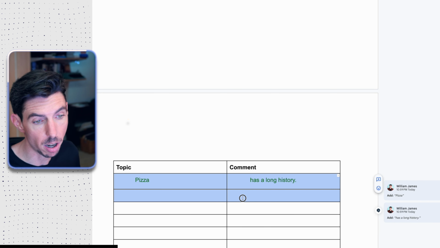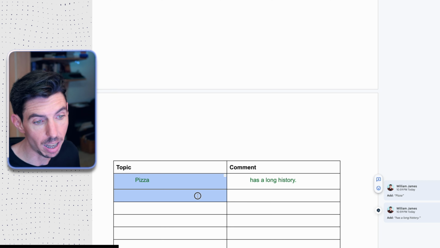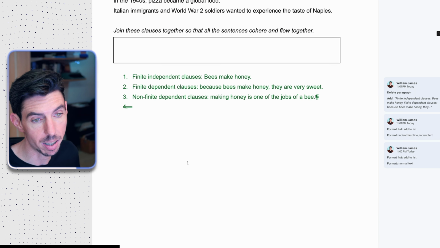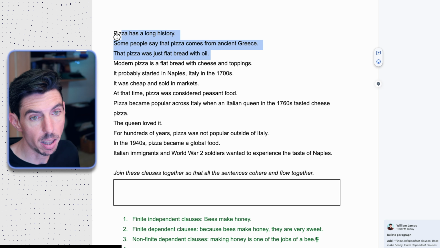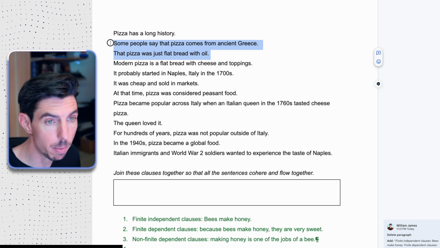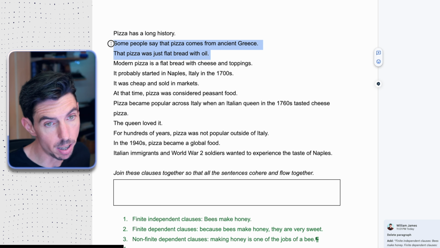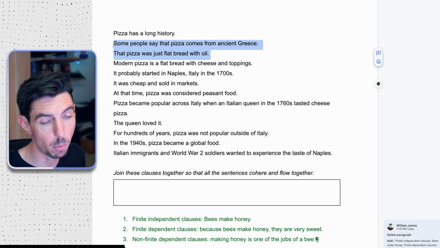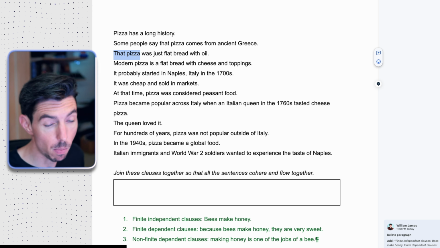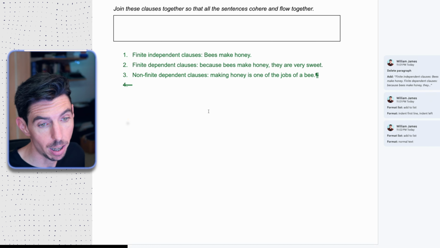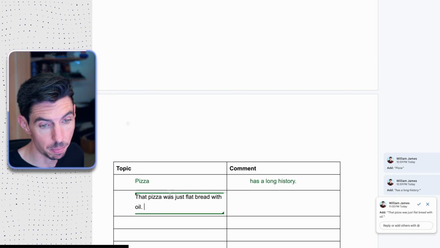We want the topic or the comment to link up logically with the next sentence so that it flows together. So let's look at these two clauses. "Some people say that pizza comes from ancient Greece." "That pizza was just flatbread with oil." So here we have "that pizza." I want that to be in the topic position.